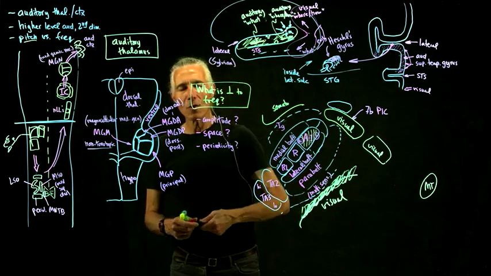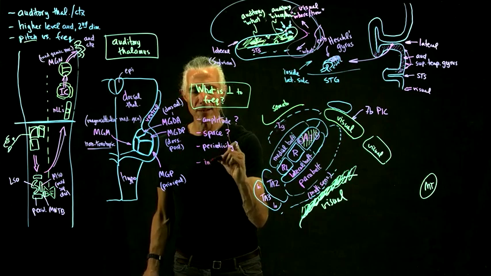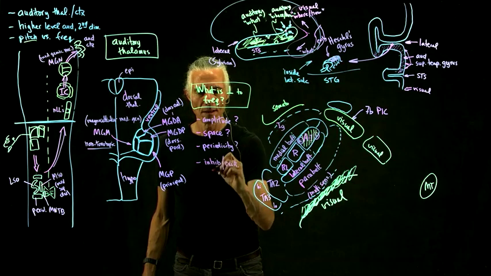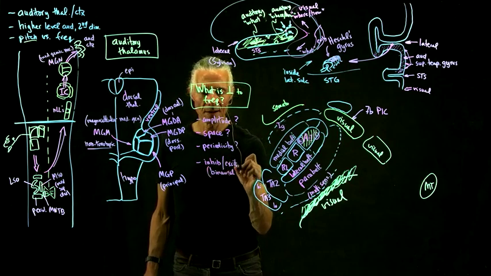It's also known that if you look perpendicular to frequency, you see inhibitory and excitatory binaural zones. The question is, if you stimulate the other ear, what happens? Are you excited or inhibited?